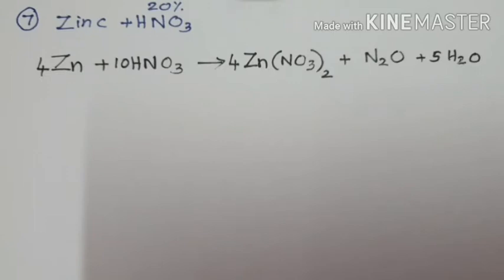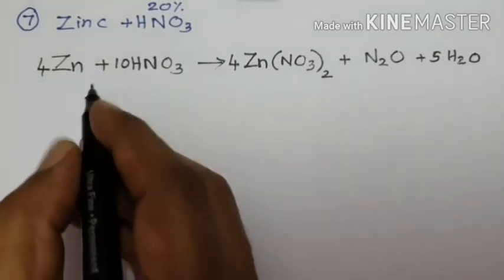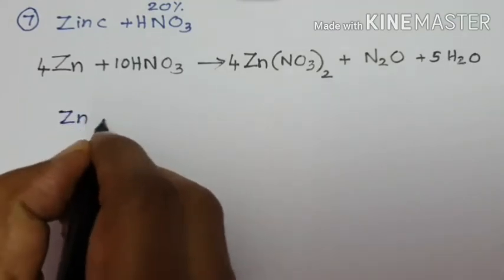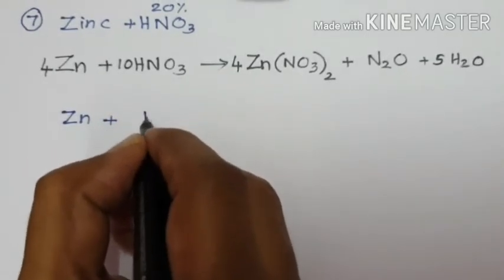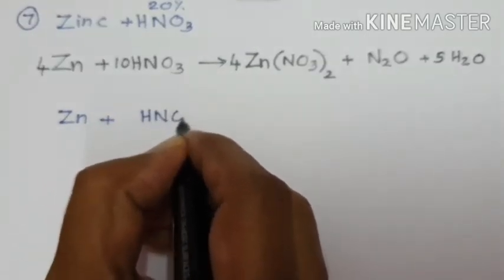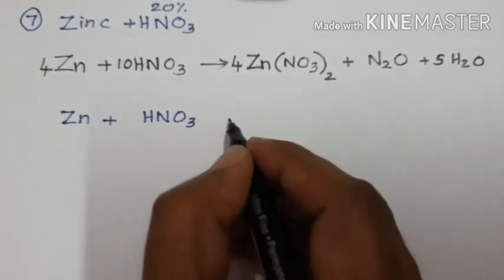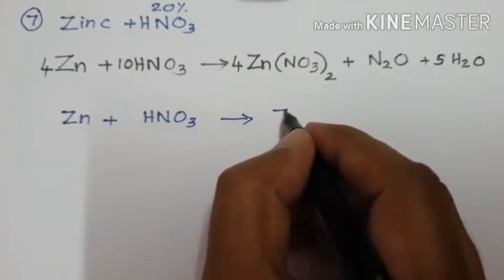Now we are going to see how zinc undergoes reaction with 20% nitric acid, and how these balancings are made. In the first step, Zn when treated with 20% dilute nitric acid HNO3, we know in the first step metal nitrate is formed.